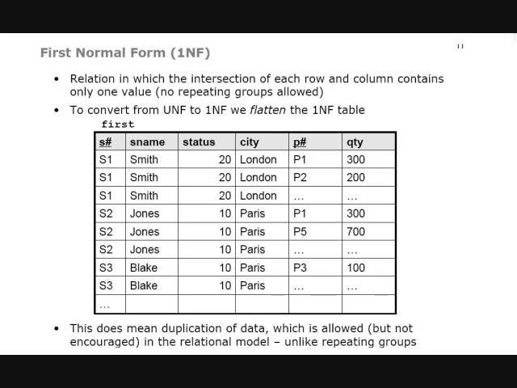So if I try to insert a new shipment, I have to make sure that the S1 Smith 20 London is consistent with the previous tuples. If I deleted the last shipment for S1 Smith, I will lose the information on S1 Smith. If I had to insert a new shipment, I'll have to make sure it's consistent with the information there. If I have to modify it, I'll have to modify it a number of times. So these are kind of the anomalies that you can detect in the table.